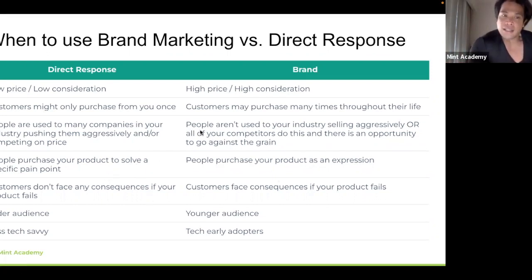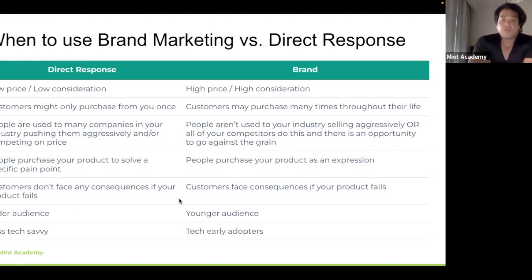The use case for people purchasing is also important. If people want to solve a specific pain point, let's say you sell some sort of supplement that helps with pain, people are much more willing to react to direct response. Whereas if somebody wants to buy your product as an expression, so any sort of apparel, then you're going to want to err on the brand side.